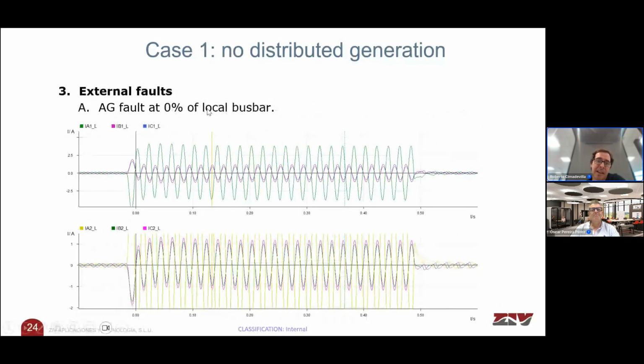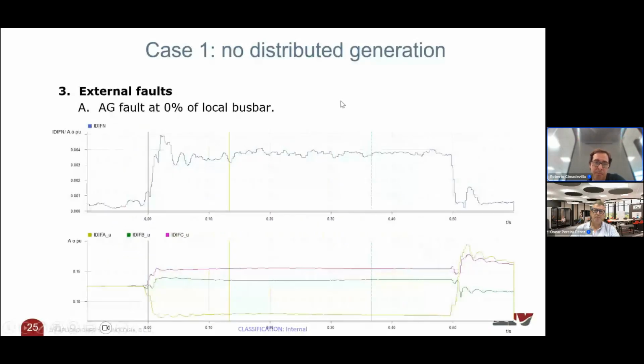And regarding external faults, this is an AG fault at 0%, an external fault at the local bus bar. So here, these are the differential units. We can check that the differential unit in the faulted phase decreases.